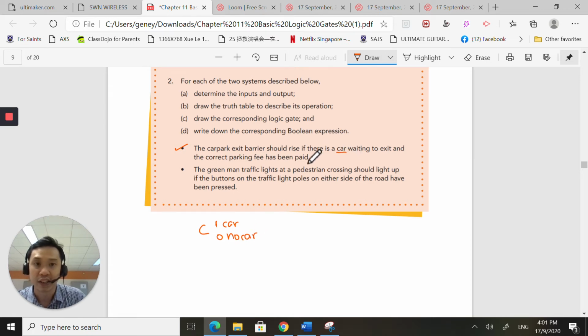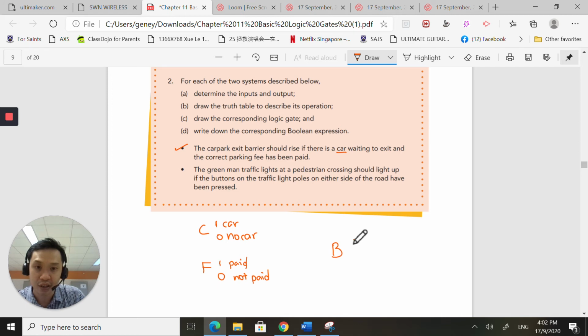Now next, has the fella paid the parking fee? So let's put it as a parking fee, F for fee. All right, so 1, he has paid. 0, he has not paid. Okay, and the barrier, the exit barrier, let's put it as B for barrier.